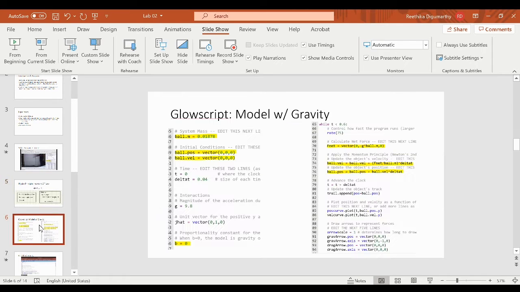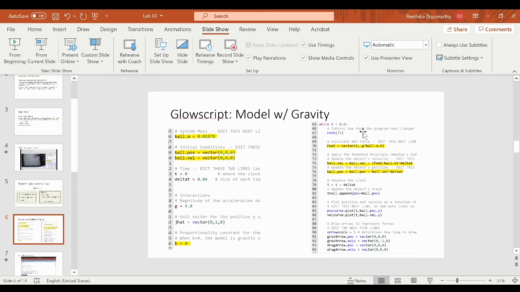And so I was able to use that to create a model in GlowScript to create predictions for the position time data, if I were just considering gravity as being the net force. Here I inputted all this information, and it's starting from rest, so the initial velocity is 0, and the proportionality constant b is equal to 0 as well, because I'm not considering drag force.